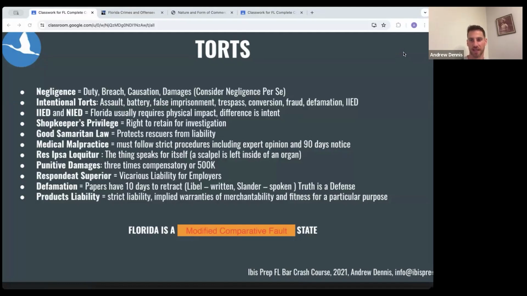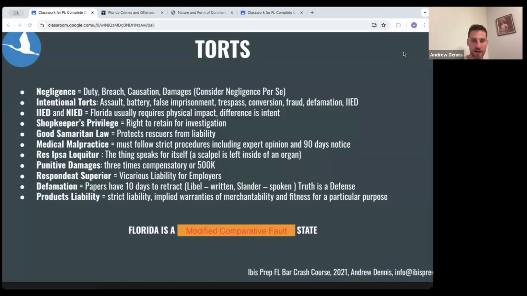Right, I like what Grace said, it allows for the inference of negligence. So if the doctor left a scalpel in someone's body, well, then it has the exclusive control of the parties, and it led to injury. So that would be res ipsa loquitur. The thing speaks for itself.